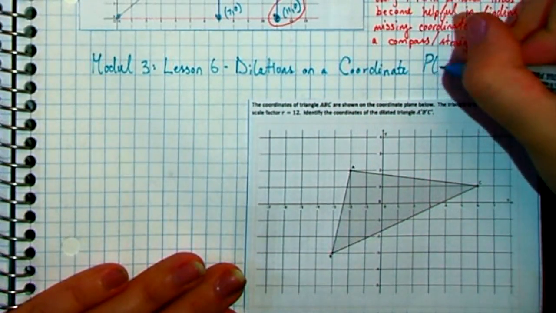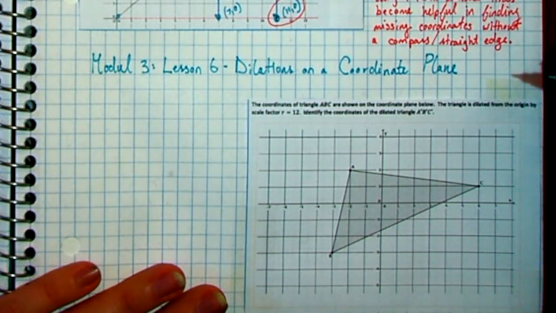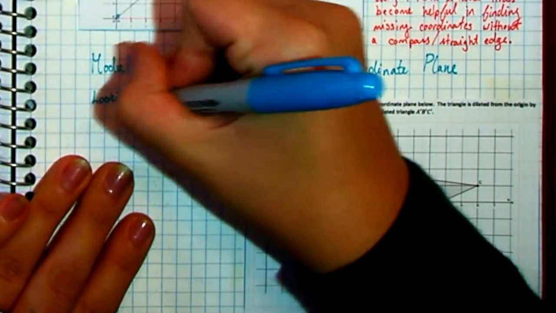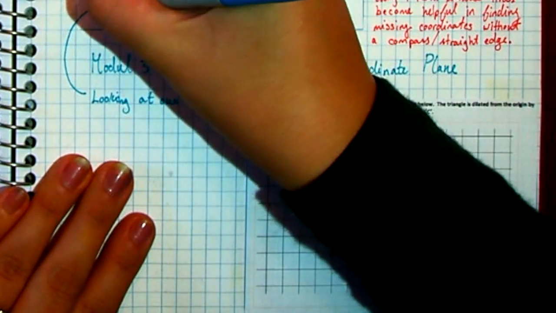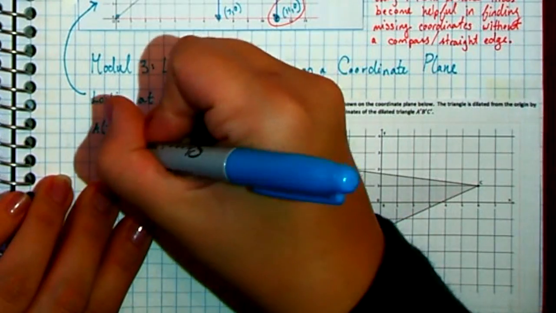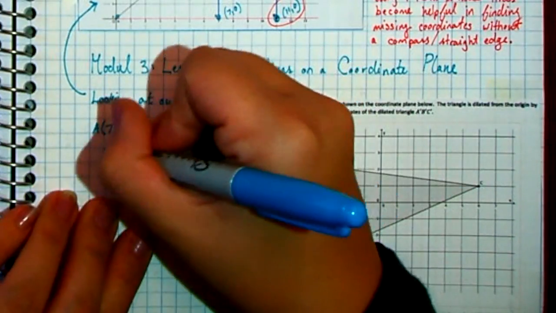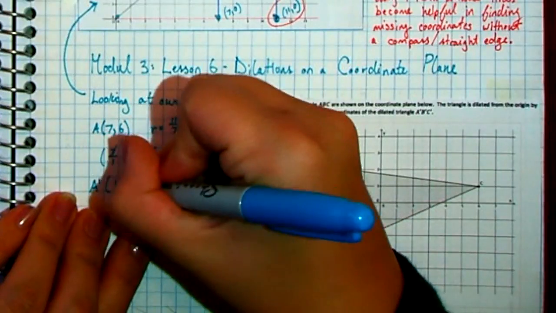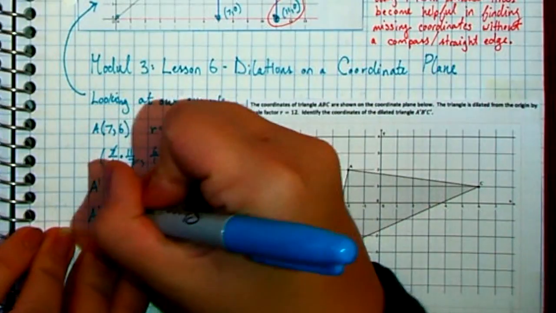If we think about our previous example with a scale factor of 11/7 and an A coordinate of 7/11, if I do my multiplication, I can end up with an A prime that is 11, 66 over 7.